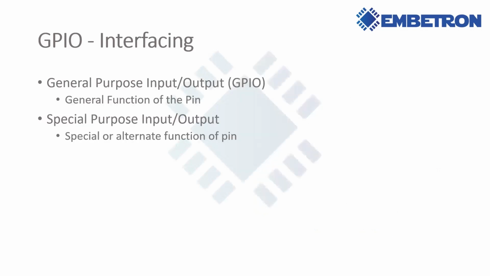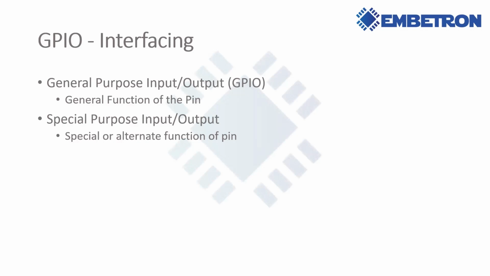GPIO interfacing. So there are two types of general purpose input output pins. First is general purpose input output, which is also called a GPIO, and it follows the general purpose of the pin as either input or output based on the way it is configured.